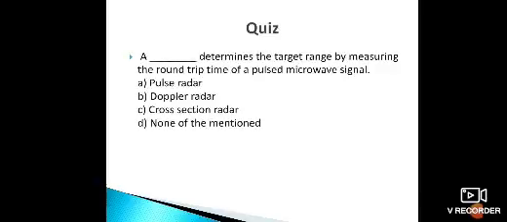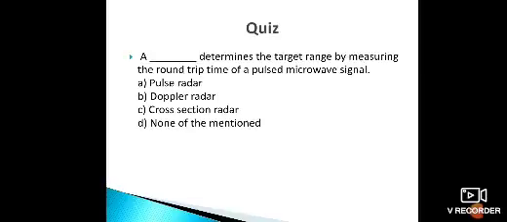And next. A dash determines the target range by measuring the round trip time of a pulsed microwave signal. That means which radar is used for determining the target range by measuring the round trip time.